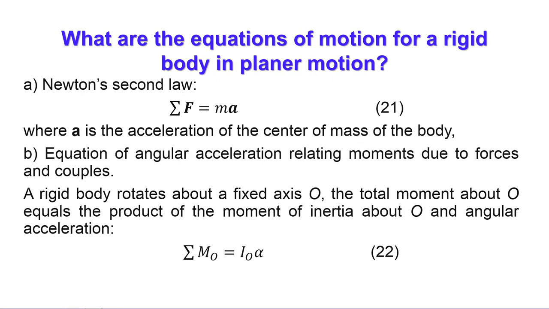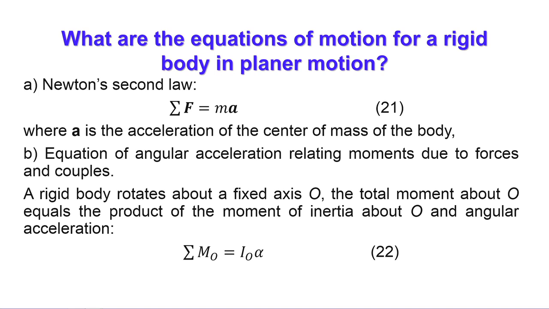So, mainly for planar motion, 3 equations we will use for solving problems. One is Newton's second law, sigma F, the sum of all the forces, equals m into a, the acceleration. Another is, if a rigid body rotates about a fixed axis O, the total moment about O equals the product of inertia about O and angular acceleration.